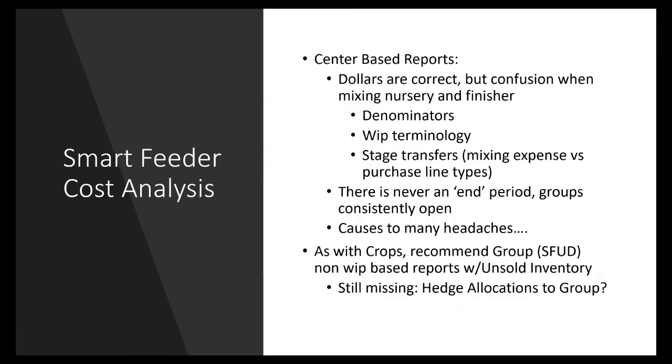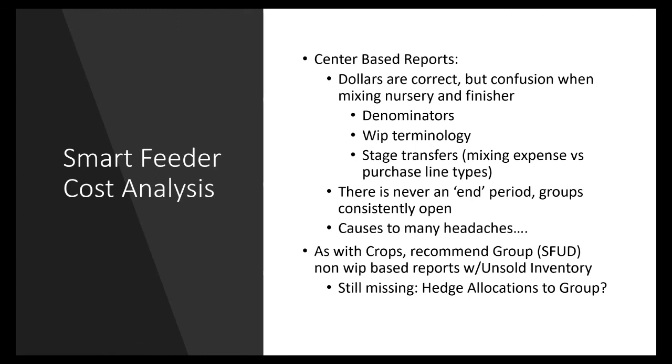Okay, so the examples that I've provided are more crop related. On the livestock side, the concept is the same. When you're dealing with pigs, where you have transfers from nursery to finisher, that creates even more confusion and complexity, especially at the profit center level.